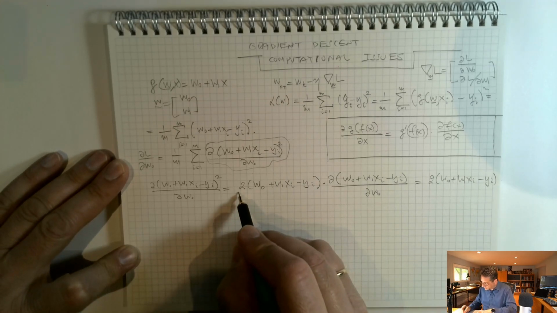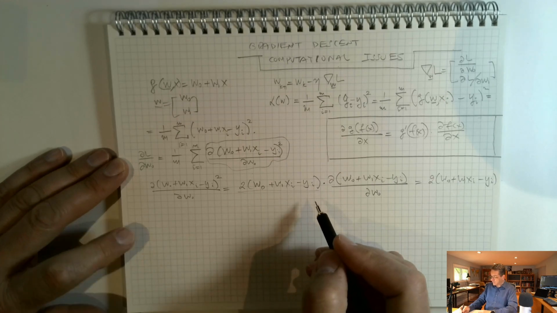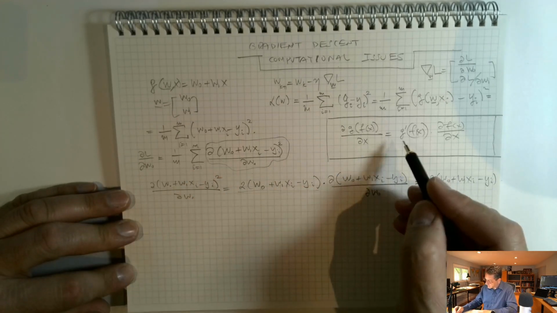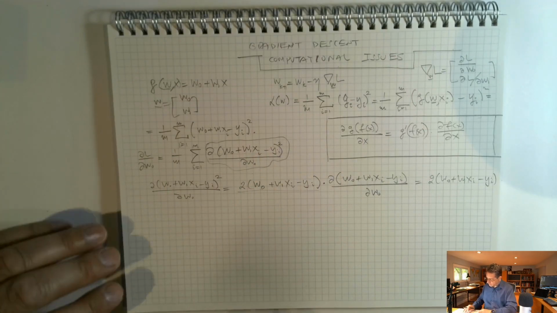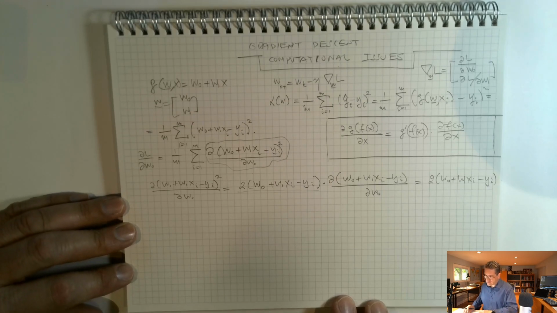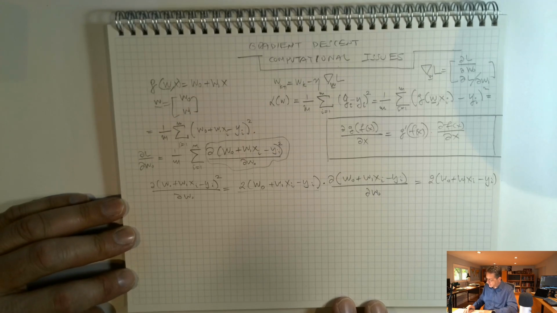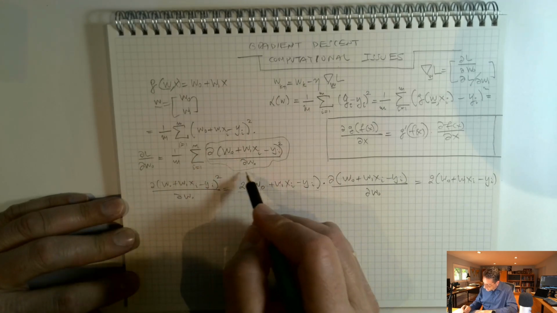This came from the fact that the partial derivative of something squared is 2 times that something, which we already met in the earlier discussion about the nice convex function w squared.